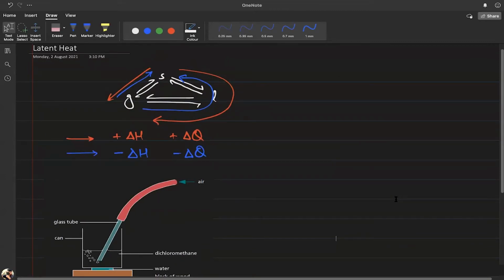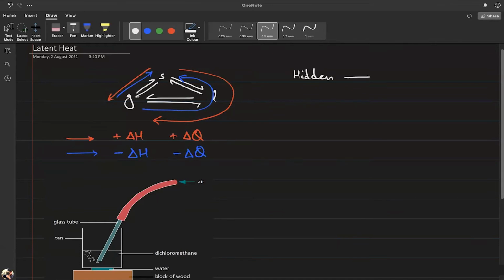And that energy is difficult, in fact impossible, to measure with a thermometer. We cannot measure the heat they've taken in or given out during this change of state. Even if you had a thermometer there, you would not see any change in the temperature. And that is why the heat exchange that has happened here is hidden.